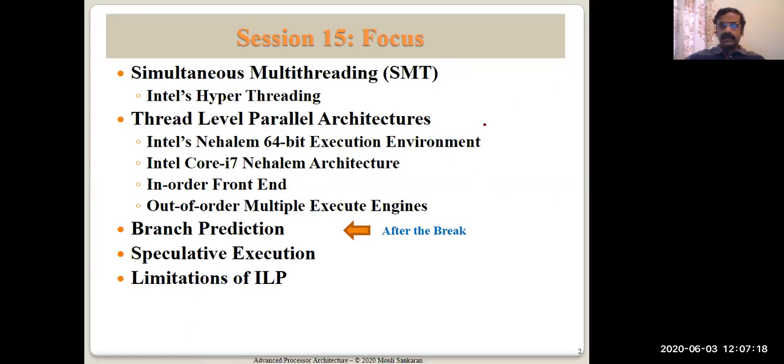SMP is symmetric multiprocessing, where multiple processes run on multiple cores and they see the memory the same way that every process running on those cores sees. That's why it's called symmetric multiprocessor. It's from the software perspective. When you have processes running on multiple cores, how do they see the memory and how do they interact with the memory?